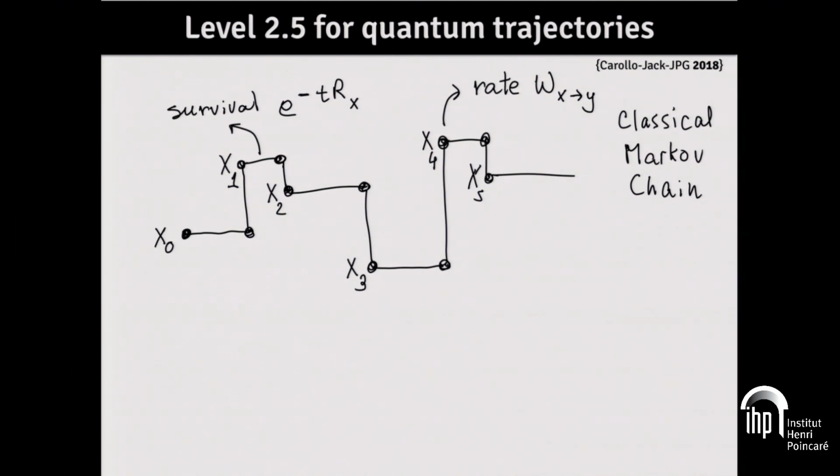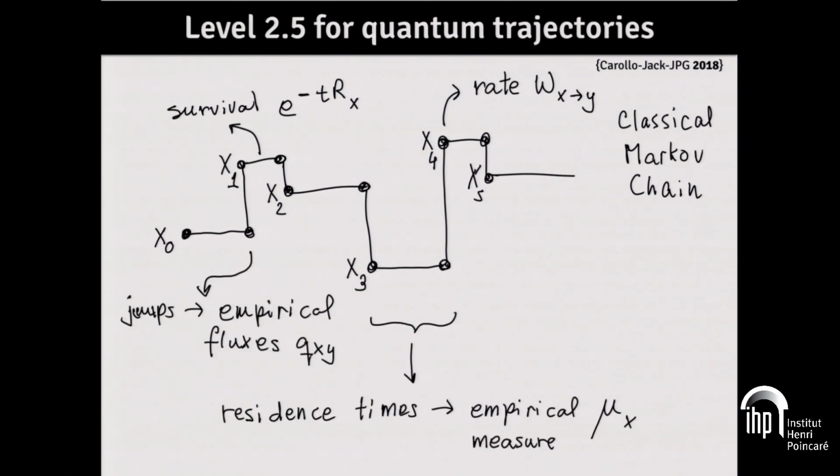At some time I jump to configuration X1, then at some other time to X2 and X3, and so on and so forth. That's a classical Markov chain. And there are two quantities. One is how long you survive, given by e to the minus i times the effective Hamiltonian in the quantum case, essentially. In the classical case, it's just an escape rate from a configuration, and the rate to jump from one configuration to another, which I will call W.